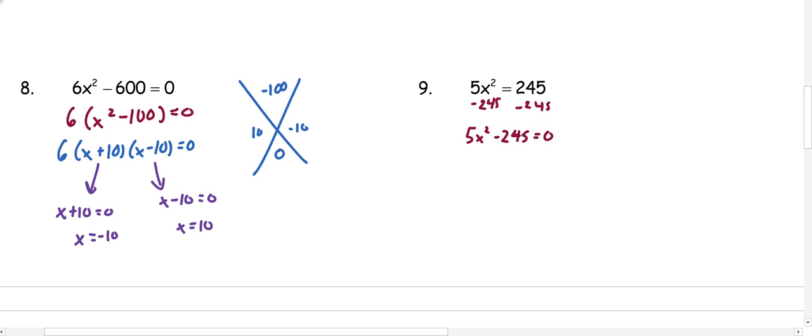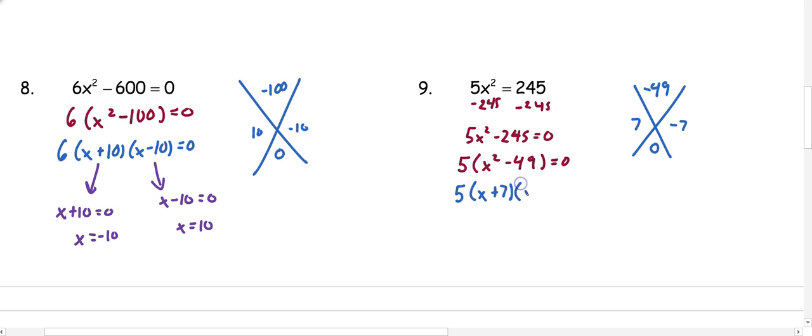Both numbers are divisible by 5, so 5 is my GCF, and I'm left with x squared minus 49 equals 0. So I need two numbers that multiply to negative 49 and add to 0. Well, if I get stuck, remember the square root of 49 is 7, so I have 7 and negative 7. So 5 times (x plus 7) times (x minus 7) equals 0.